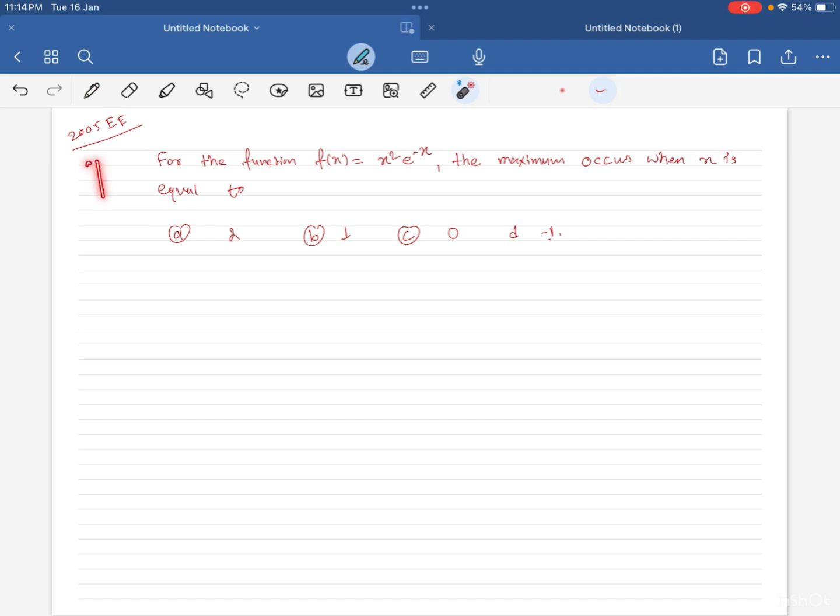Okay, so this question is from 2005 EE, and we have again a similar kind of question. We have been given the function, the maximum occurs when x is, so we have to find at what point of x this function has the maxima. So what we can do, we can find the first derivative, so that will be 2x e to the power minus x plus x square minus 1 into e to the power minus x.